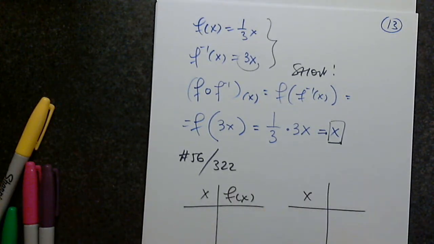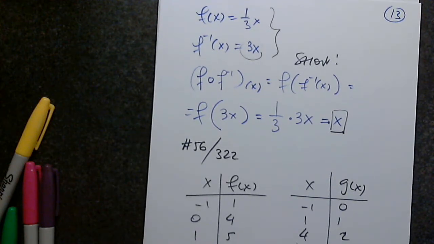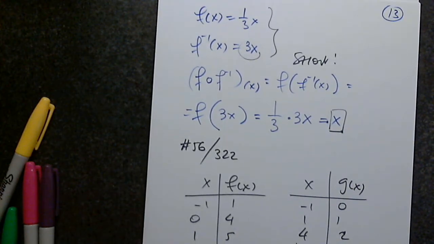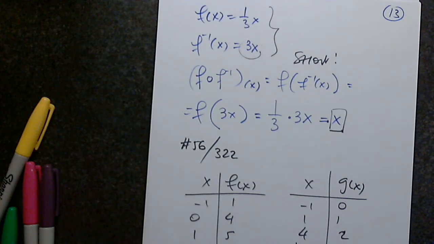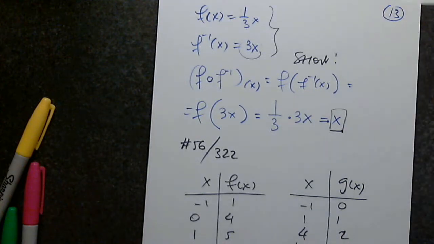We are given two tables, and in 56, they want us to find g composed with f of 0.